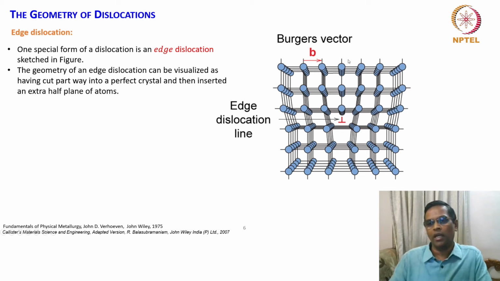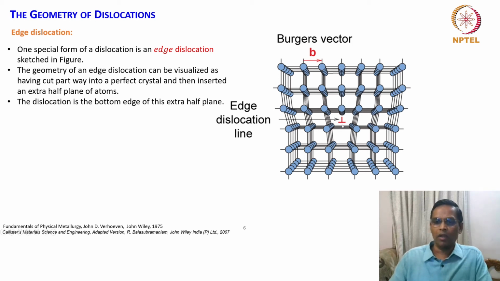So it looks as if this particular plane was cut from somewhere and got inserted into the perfect lattice. The dislocation is the bottom edge of this extra half plane. This is where the dislocation core is, at the bottom edge.